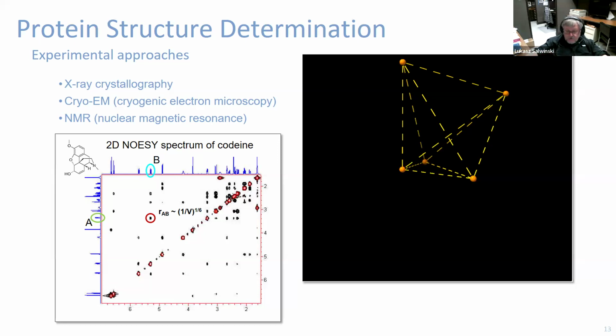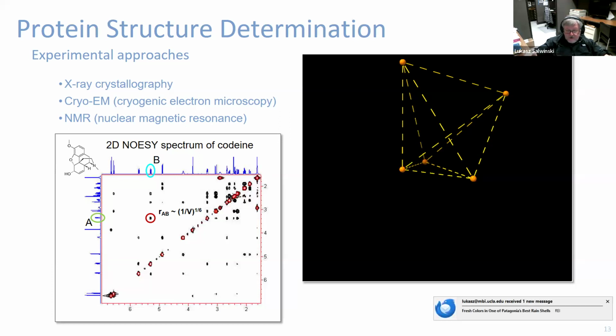It also matters because the large proteins tumble more slowly in solution, and when proteins don't tumble fast enough, then all those peaks become very broad, and you just can't see them. So there are limitations on the size imposed by the physics behind NMR.